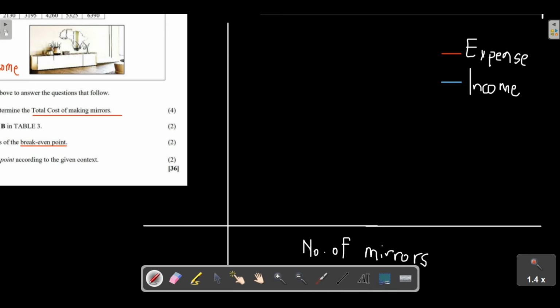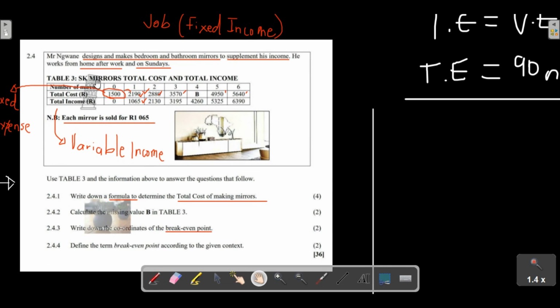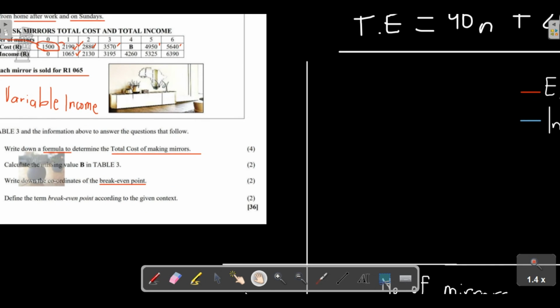Right, so the expenses. Remember we said that when he sells zero mirrors, the total cost is actually 1,500. This would be the amount in rands.